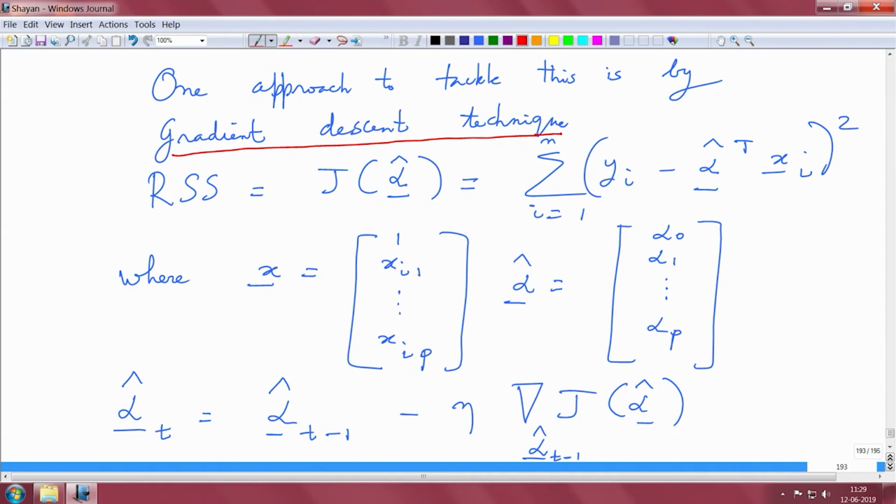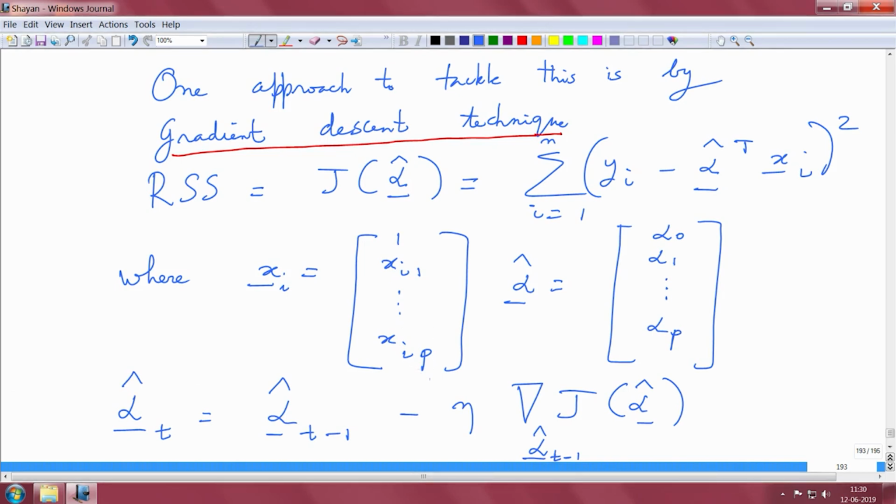How do we proceed? The residual square sum is a function of alpha hat, where alpha hat is a vector that comprises all the parameters alpha naught through alpha p. So I stack them as a column vector and I formulate alpha hat. Similarly, I formulate a vector x, with an index i, which is going to be 1, xi1, dot dot till xip.